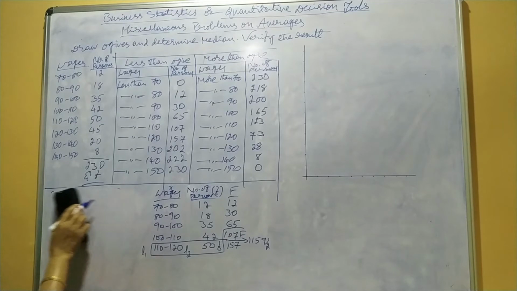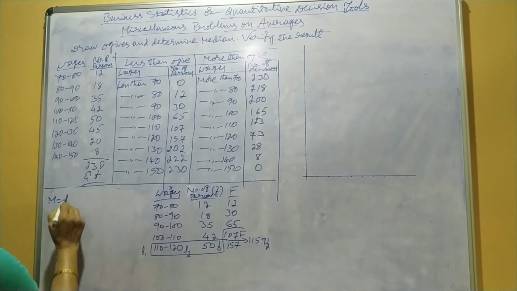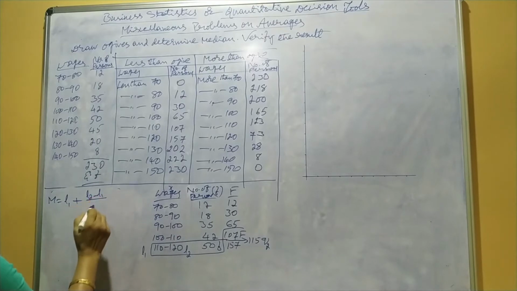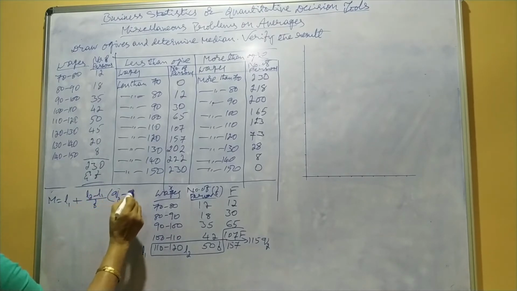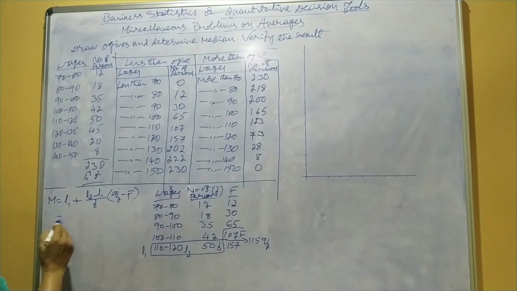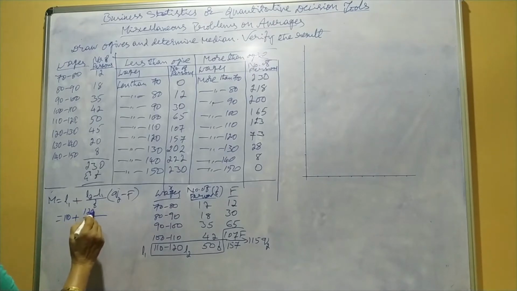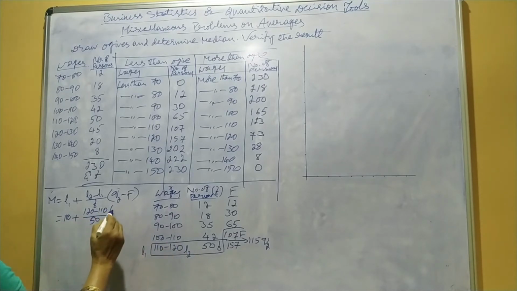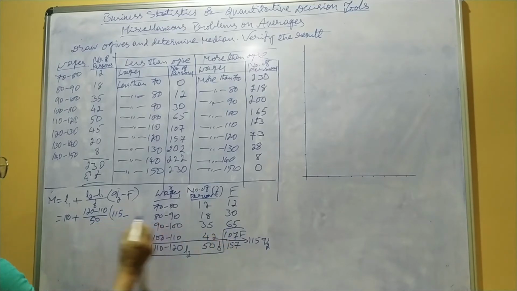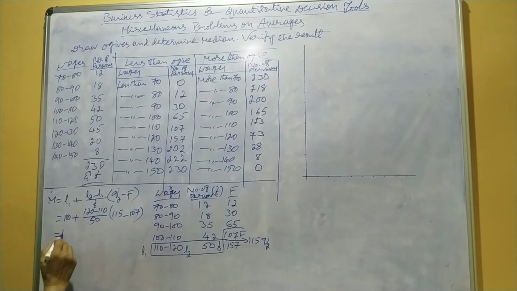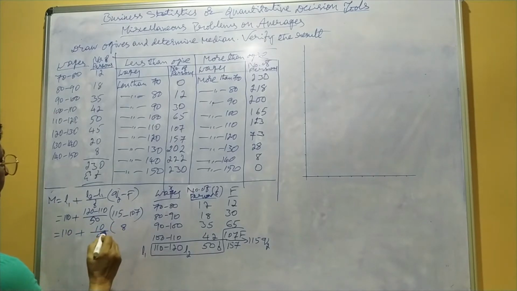Formula of continuous series, that is M equals L1 plus L2 minus L1 divided by F into Q2 minus capital F. L1 is how much? 110 plus L2 120 minus 110 divided by 50 into Q2 115 minus 107 equals 110 plus 120 minus 110, 10 divided by 50 into 8.